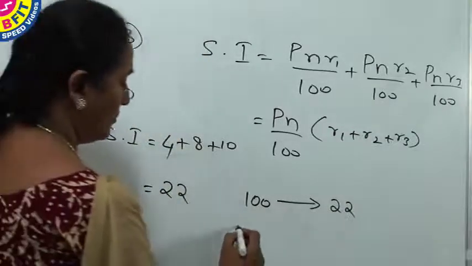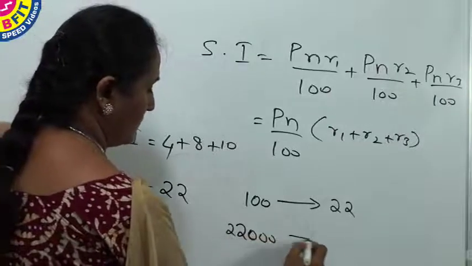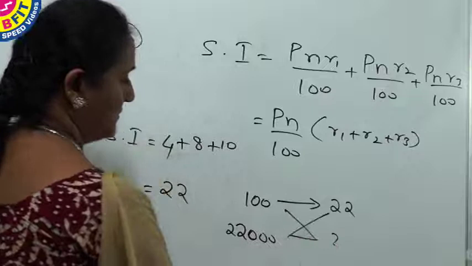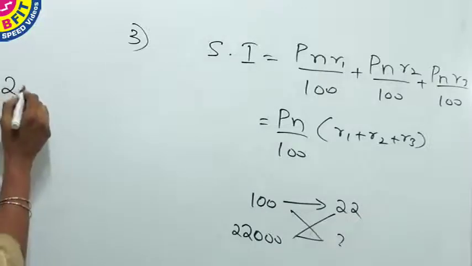So if 22,000 is deposited, just cross multiply this. So you get the interest for 22,000 just by cross multiplying.